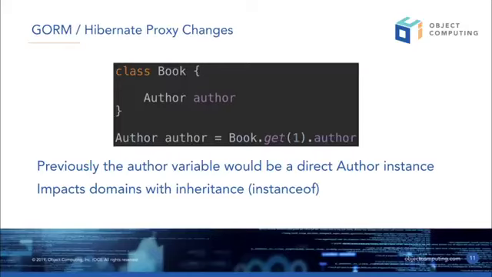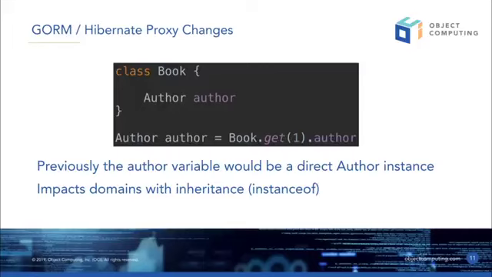When it's quite possible that that's not necessary. If you were just passing that author to, say, some other domain's find by author, then it would result in an extra database call that was not necessary.